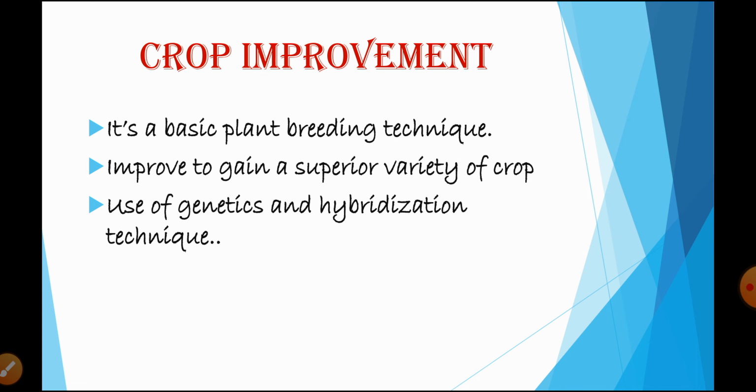The same, the one which could show disease resistant ability, the one which could show drought resistant ability, because now we are facing water scarcity throughout the world, right? So when a plant can resist water scarcity, that is considered as a superior variety.